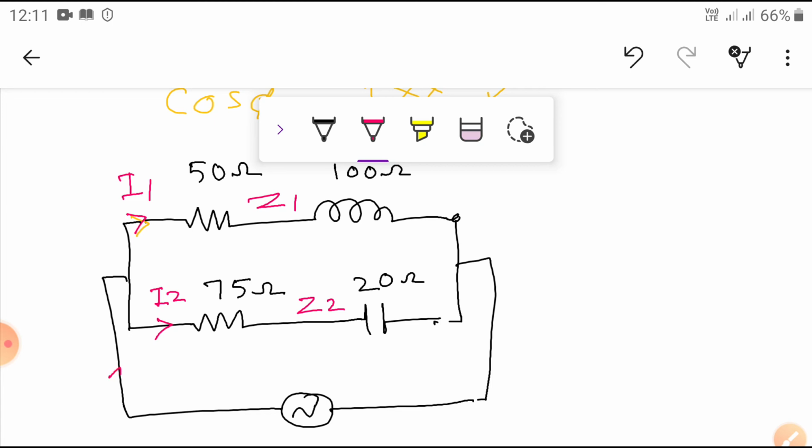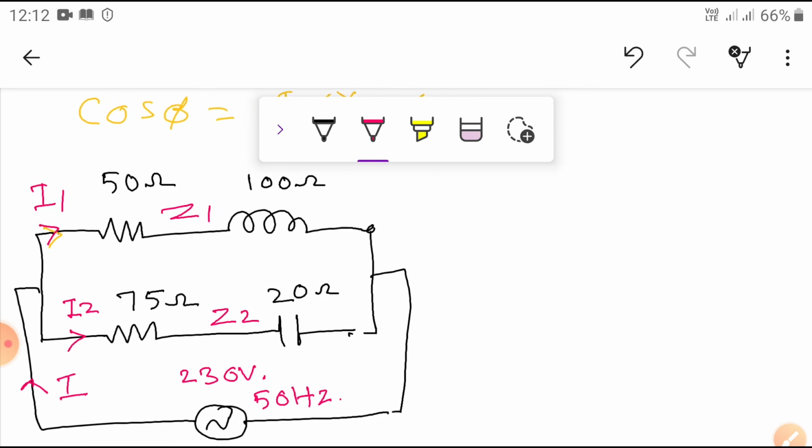The current which is flowing here, I is equal to I1 plus I2. Here the voltage is equal to 230 volts and 50 Hz. Okay. So this is the circuit. Based on this circuit, we are going to do the problem. Okay. Let us do that one.